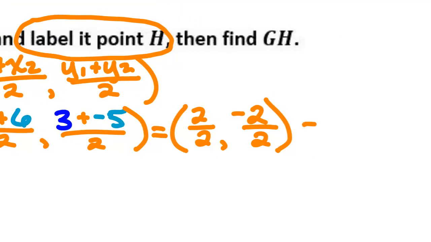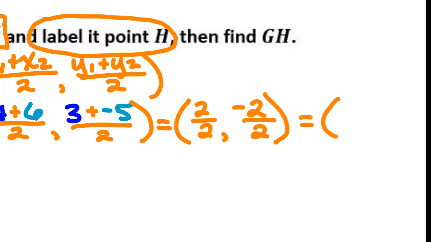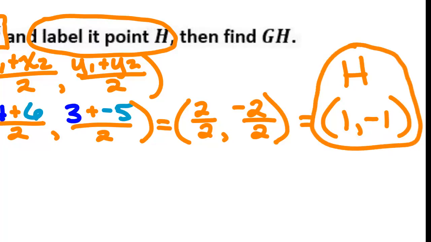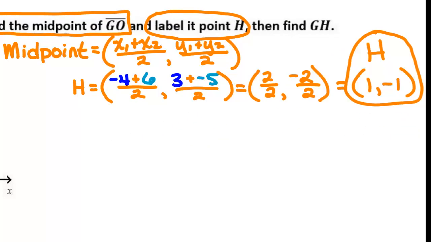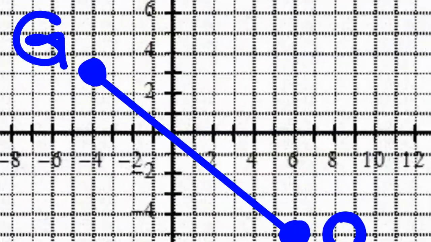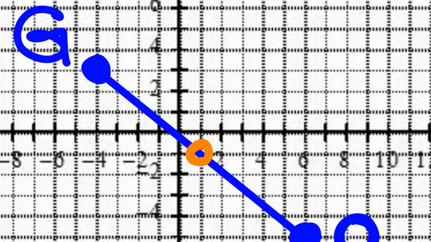What is 2 over 2? 1. And negative 2 over 2? Negative 1. Here's our midpoint H. We're going to go add that to the graph because it said label it point H. So over on the graph, 1, negative 1 is right here. And we're going to label that as point H.